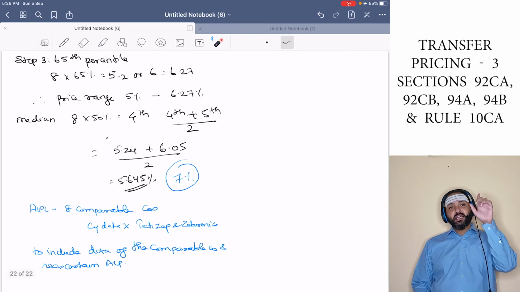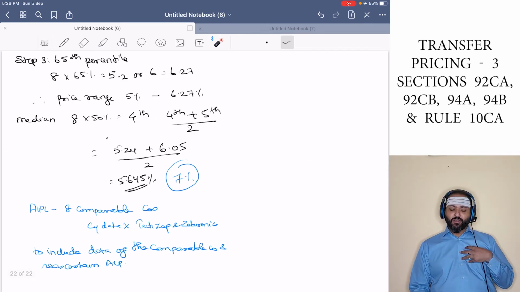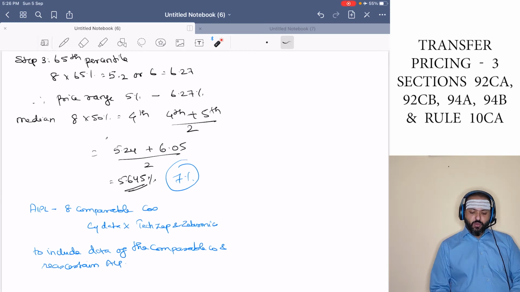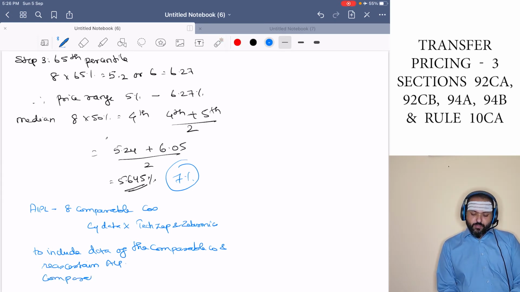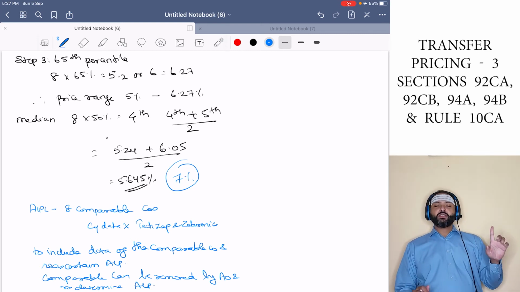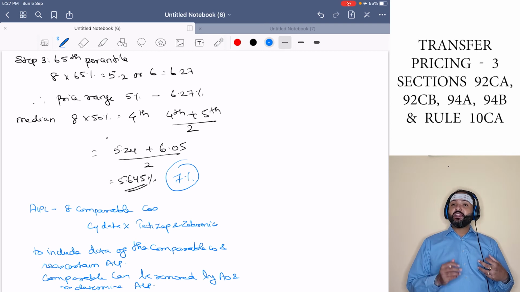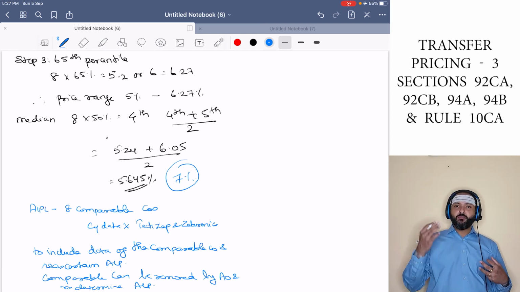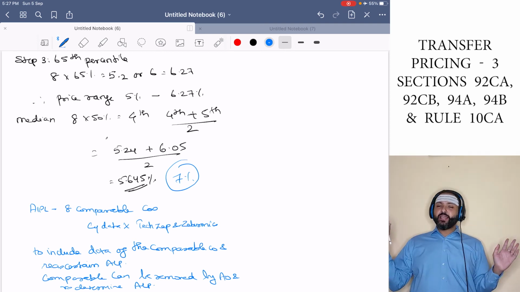Whether the AO can do this? Yes. Wherever the assessing officer feels that a particular comparable can be removed by the AO, he can redetermine ALP. So what can he do? First thing, if incomplete data is given and if he finds that there is data to complete it, he can complete it and redetermine ALP. Who?